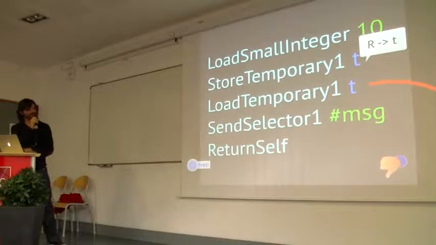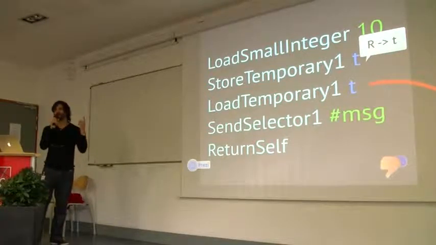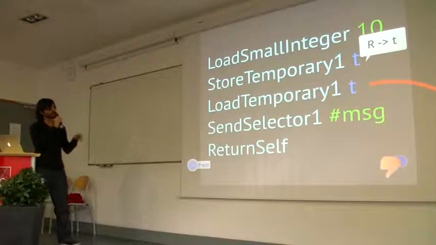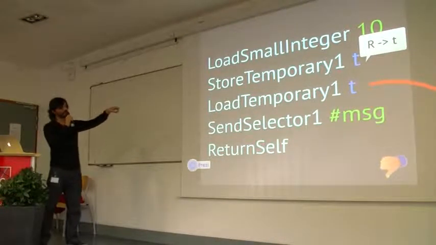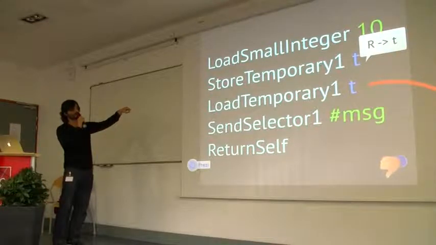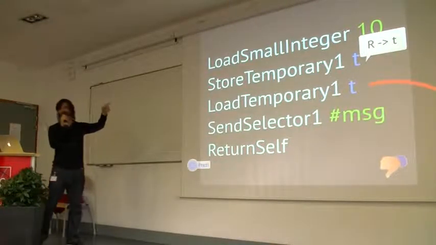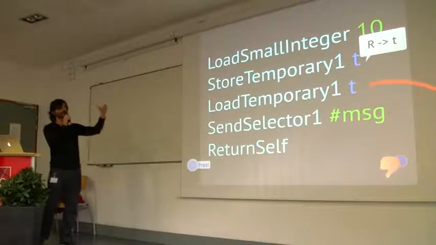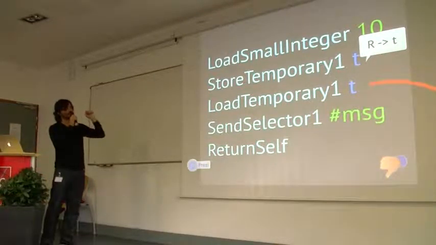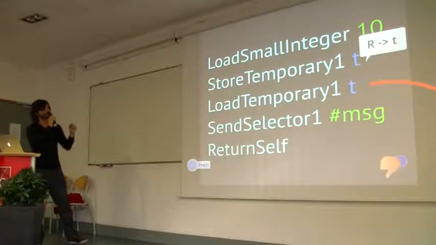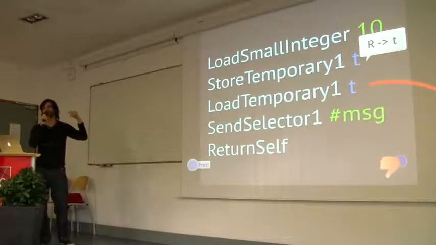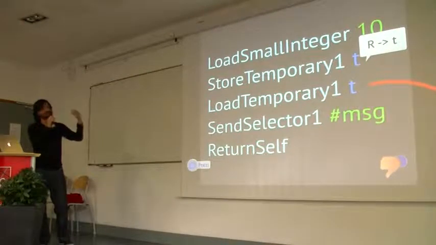Well, these are the bytecodes corresponding to that method. And if we observe, the first two correspond to the assignment, as I said before, but the third bytecode tries to load the object pointed by temporary t into the register R. But the second bytecode guarantees that t is already in R, because the store bytecode stores what is in register R into some destination variable.